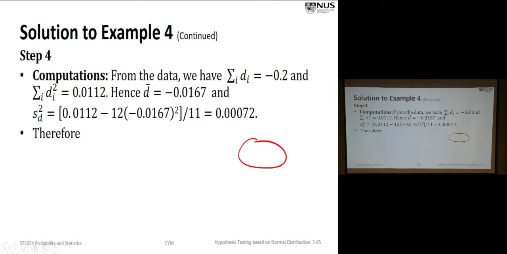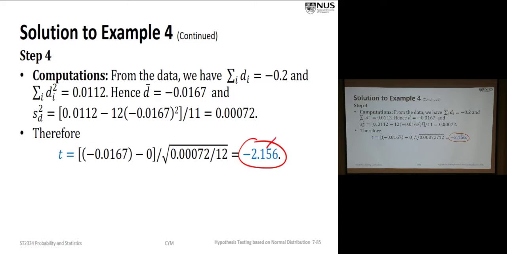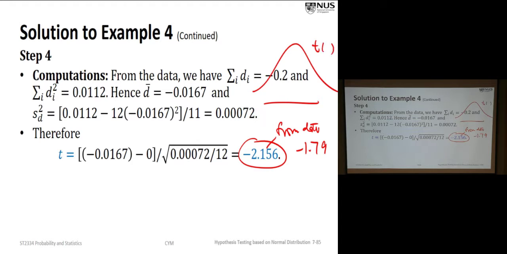This number here is from the data, so it's compared with minus 1.798. This is a T distribution with 11 degrees of freedom. This is the point, minus 1.798. Whenever it falls here, we reject the null hypothesis, and the chance of this is 5%. Now we see minus 2.156, which is here, falling in the rejection region, so I reject it. So it's very easy.